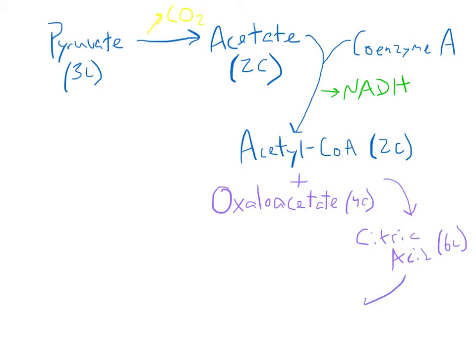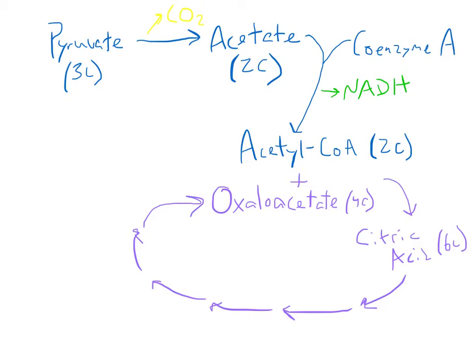What you should recognize is that there are actually several steps going on as we move from citric acid and come back to the regeneration of oxaloacetate. And that's what makes it a cycle, right? Whatever we started with, we'll move around and we'll regenerate in the end so that we can do this again for another acetyl-CoA.